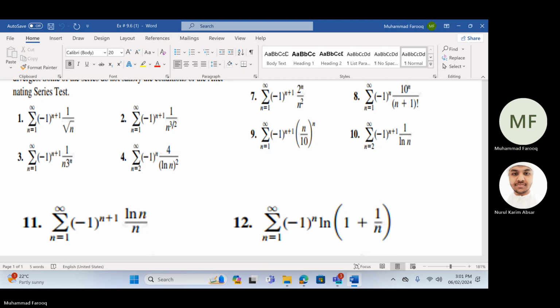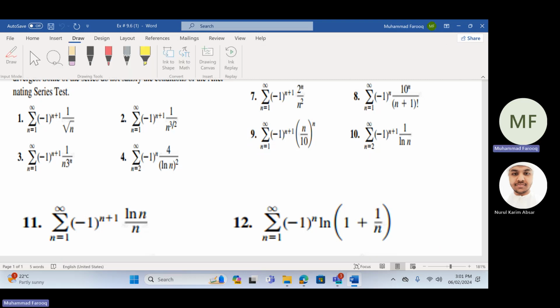Clear? I think the first condition is very clear here. When you apply infinity, 1 over infinity is 0. Second condition, please check the derivative. Do you understand this? So only two things we have to perform. I told you, if the first condition is not true, the series immediately diverges.